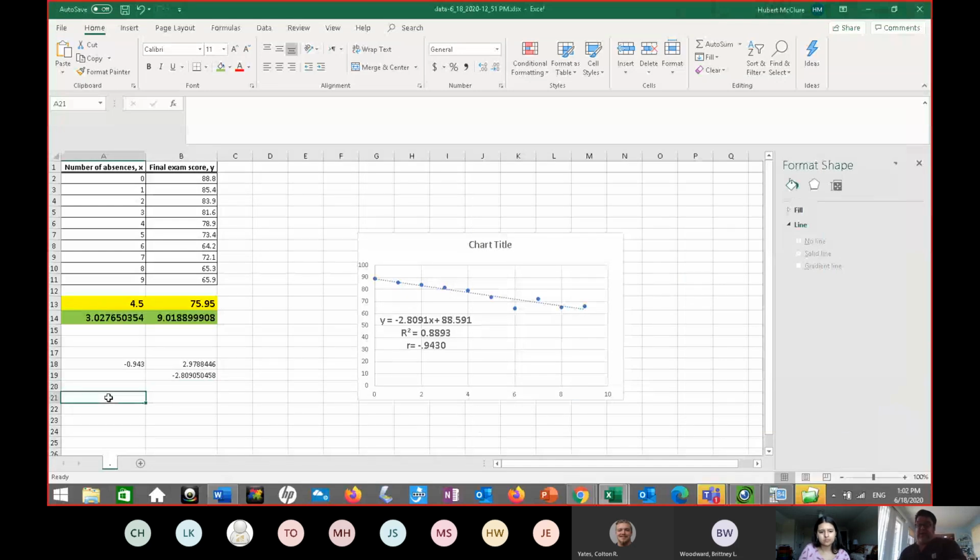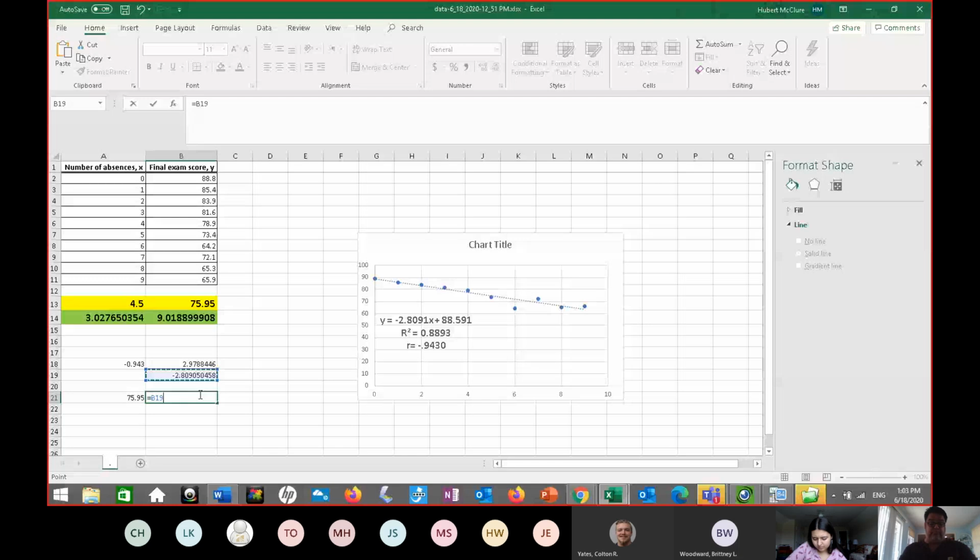And that's going to be 75.95 right there. And then over here is equal to negative 2.81, that is right here, times 4.5.